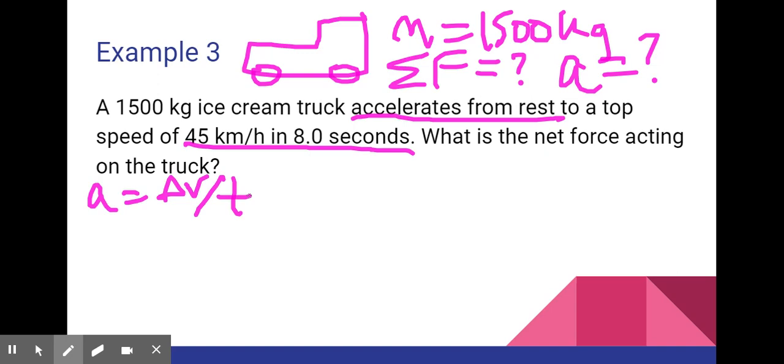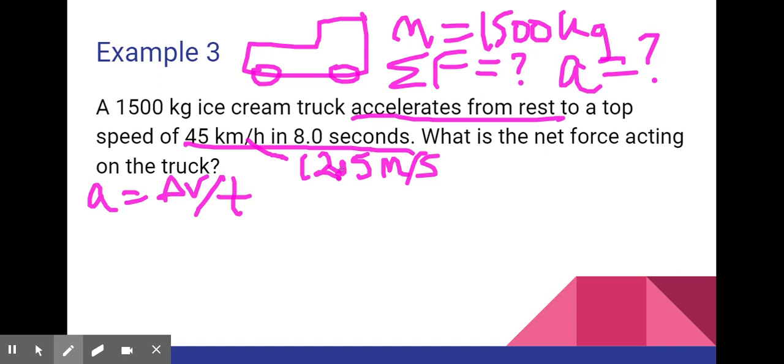So if we use our dimensional conversion trick, we have that value of 3.6, so we can divide by 3.6 to get 12.5 meters per second.